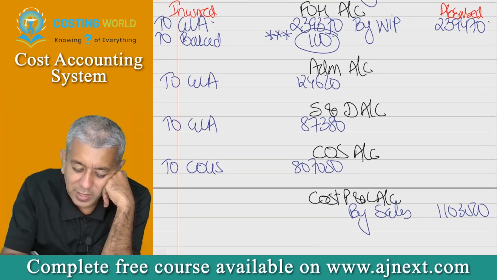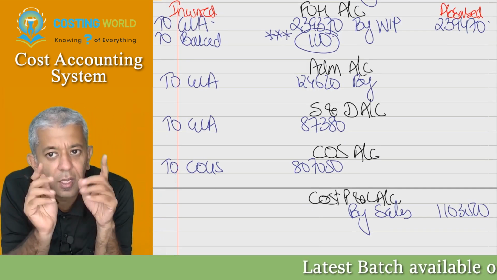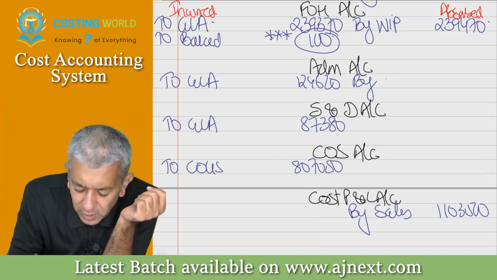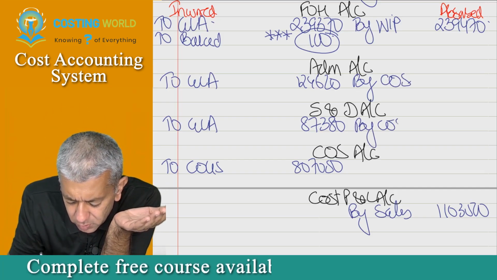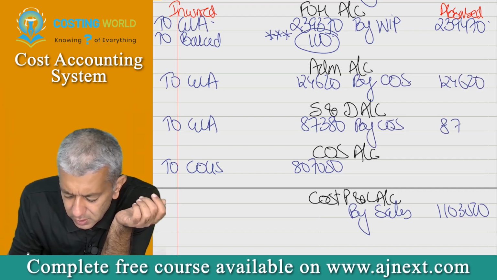Now see, for admin and S&D, is there any difference appearing in the reconciliation? No. So ultimately these amounts will go to cost of sales only. These debit side amounts, 124,620 and 87,380.